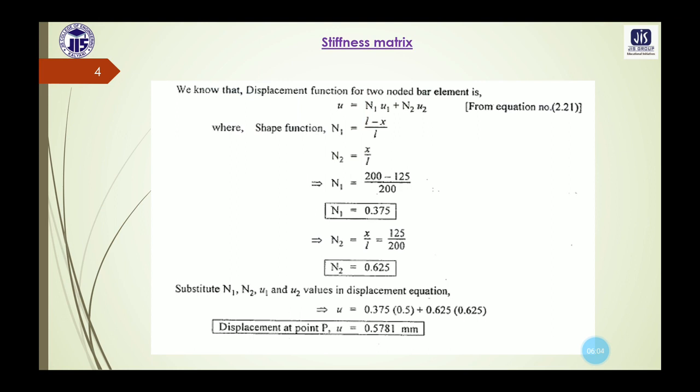Now if we substitute these values of N1, N2, U1 and U2 in the displacement equation, then we are getting the displacement at point P, U equals 0.5781 millimeter. So this is the value of the displacement at the point P, which is inside the bar element.